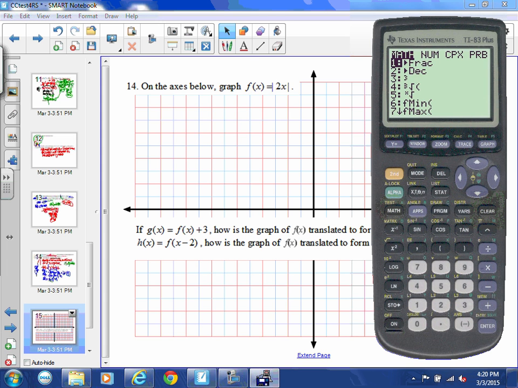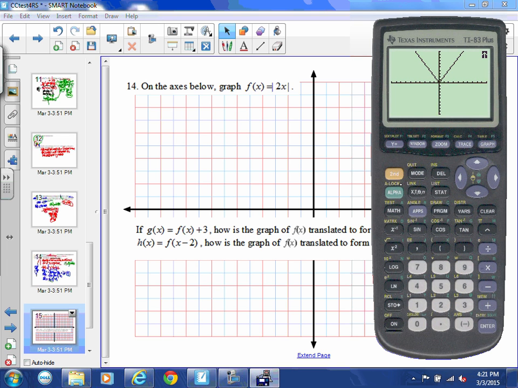Math, Num, absolute value, 2x. Okay, yeah, I might want to go into y equals first. Math, Num, absolute value, 2x. Boom. Graph. I see what it's going to look like.